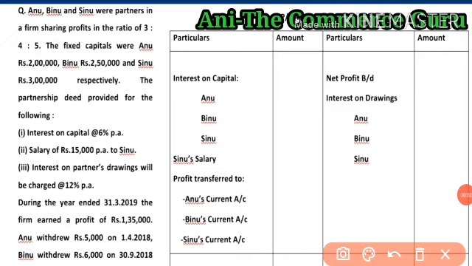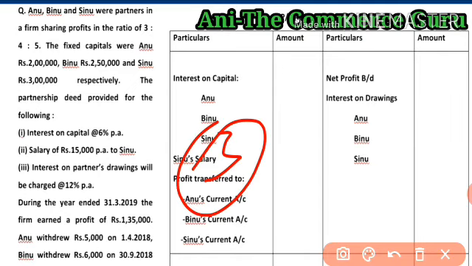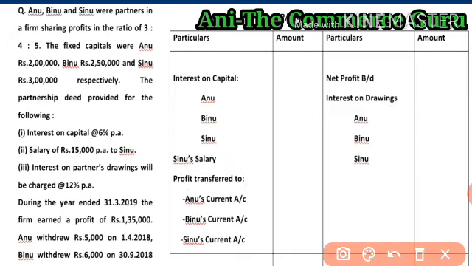So students, now we are going to analyze the question and thereby prepare profit and loss appropriation account. In the question, it's clearly given that there are 3 partners. You could see there Anu, Binu and Sinu are 3 partners of the firm. Their profit sharing ratio is given in the question, 3:4:5.